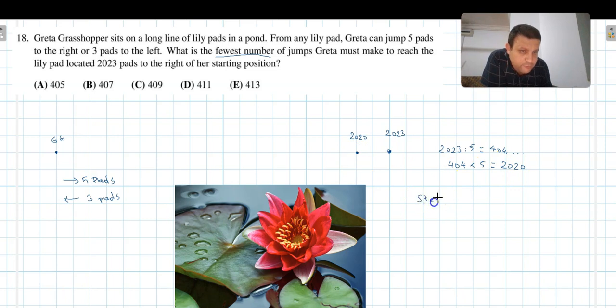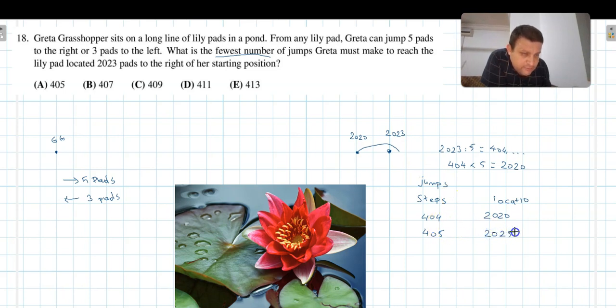So from now on, I'm going to write it. Jumps 404, and location is the 2020th lily pad. So let's continue. 5 more is going to be another jump, so jumps is going to be 405, and then we add 5 more.